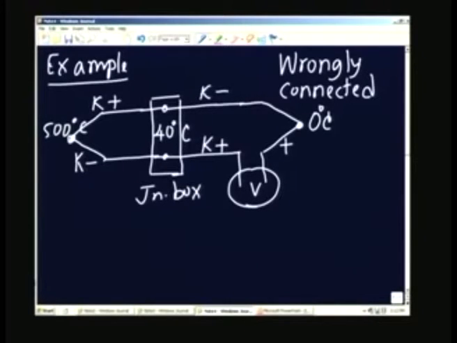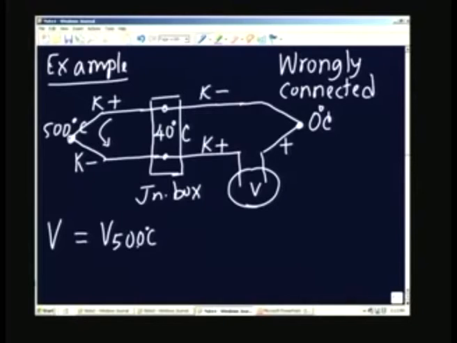For this, we can find out what is the voltage read by the voltmeter. We can go around the circuit. We will see that V corresponding to 500 due to the hot junction. This is from plus to minus. I am going from this direction, or you can go in the other direction. It does not matter how you are going.